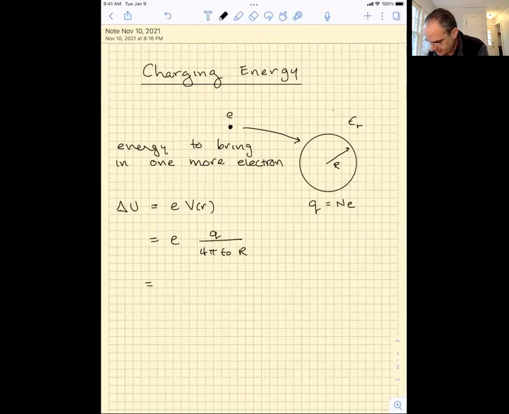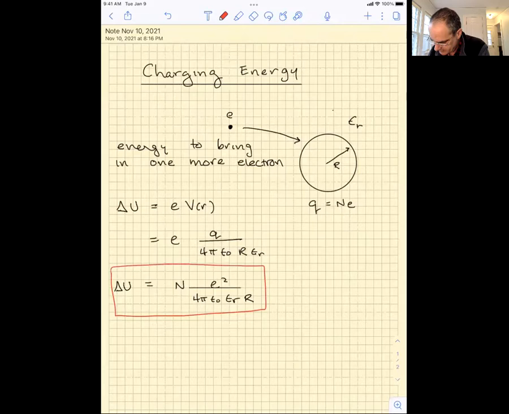And so, since Q is Ne, this will end up being N times e squared divided by 4 pi epsilon naught epsilon_r times r. I'm sorry, I left off the epsilon_r in the previous expression. Okay, and that's our result. Perfect. That wasn't so hard.